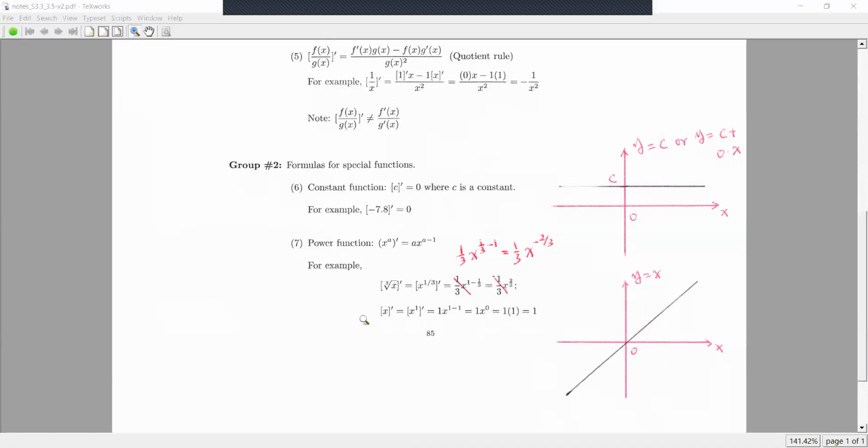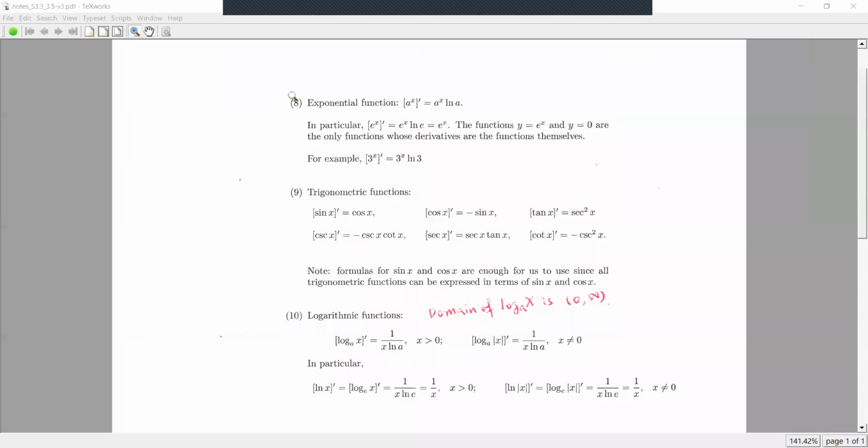Therefore, derivative of x is 1. The graph of x is this line. This line, everywhere the slope is 1. Therefore, derivative of x is equal to 1.